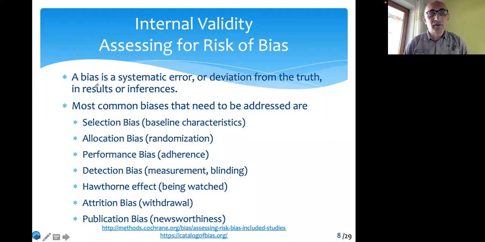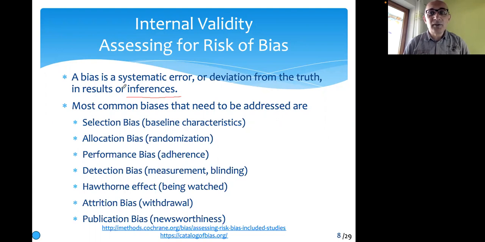What is bias, first of all? A bias is a systematic error or deviation from the truth in result of inferences. So there are some factors affecting your results, your values, and this is a system that leads to not a random error.